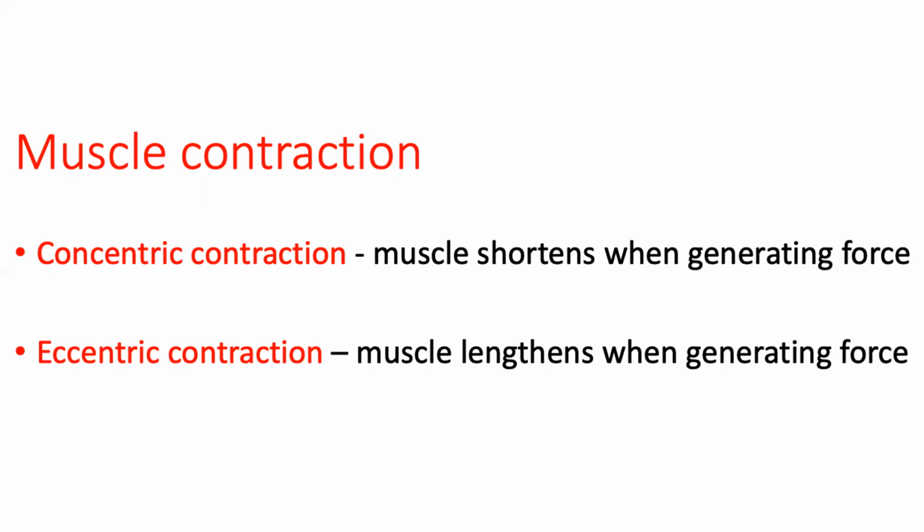And there is another type of muscle contraction, which I haven't written here, which is isometric contraction. Iso means same, and metric means length. Isometric contraction, same length. So the muscle is contracting, but its fiber length doesn't change.